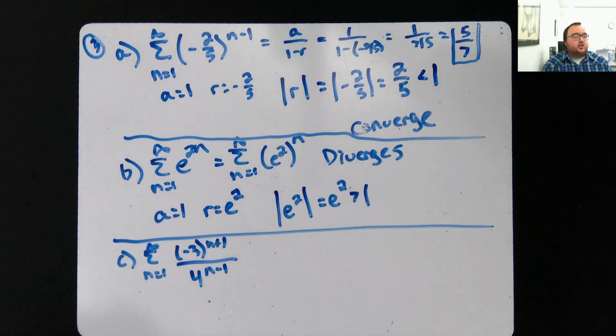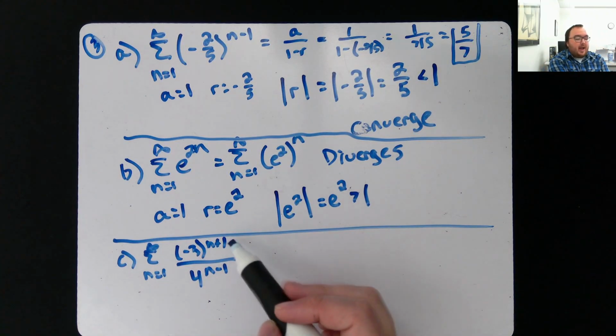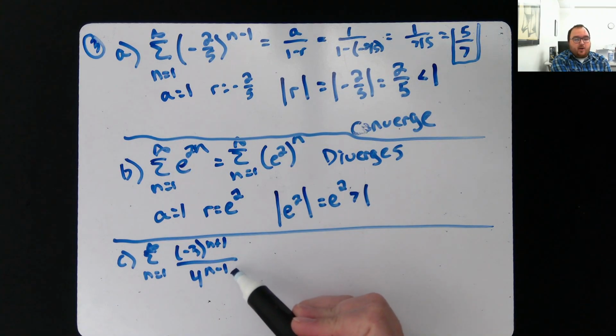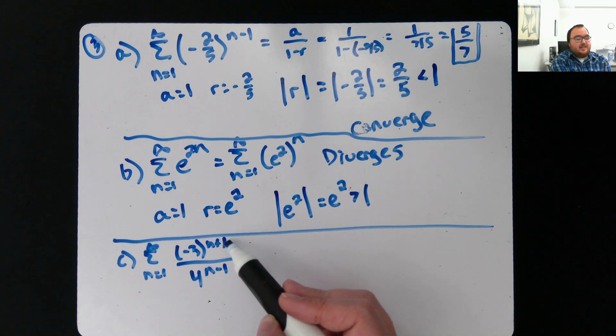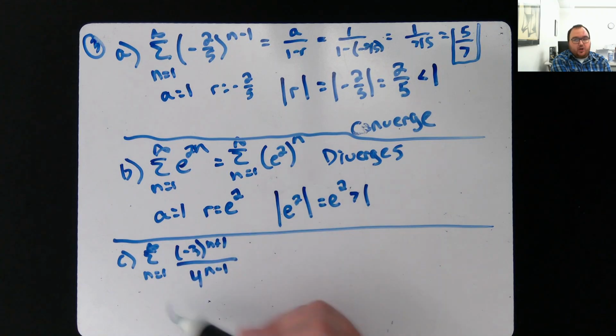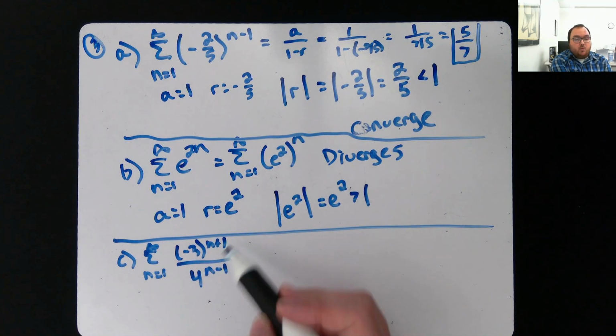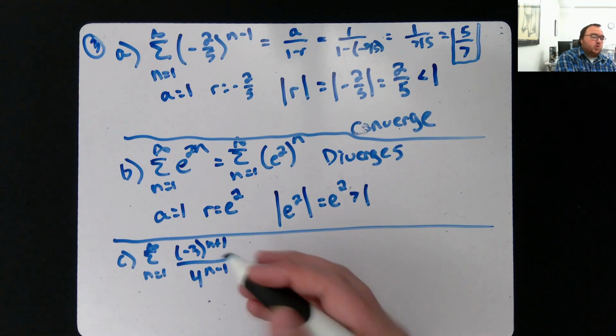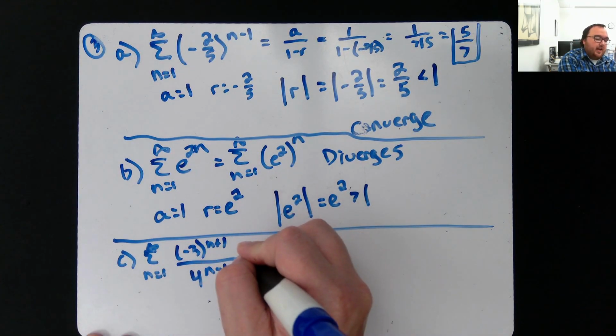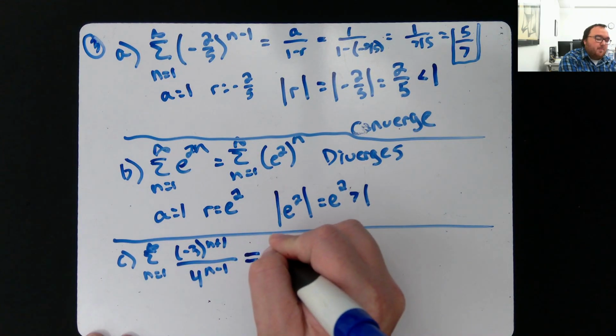And r is just the thing being raised to a power, right? Well, I have a power here and a power here. Since they're not the same, there's nothing I can really do, right? So what I really want to do is make this to where these are the same thing, okay? So I want on top to have negative 3 to the n minus 1.